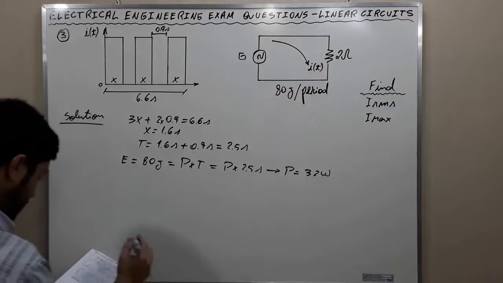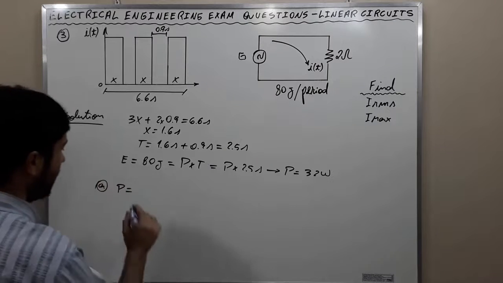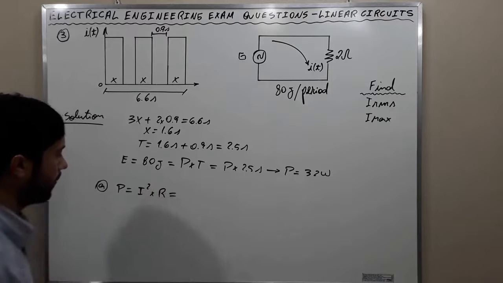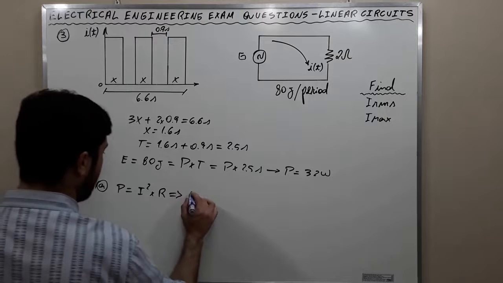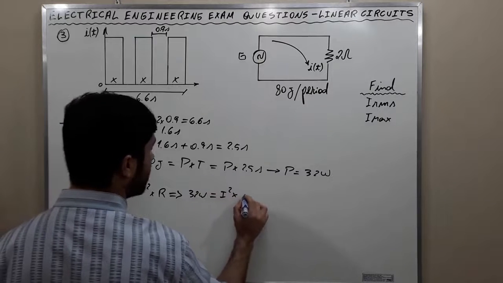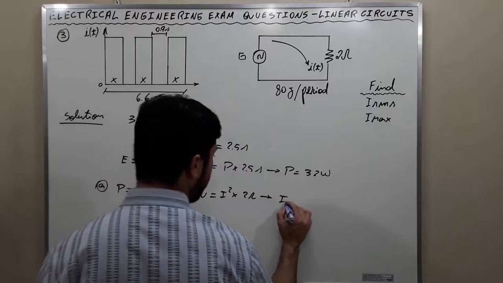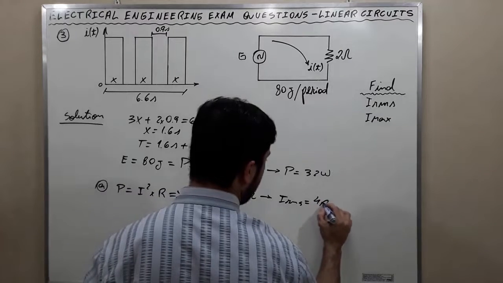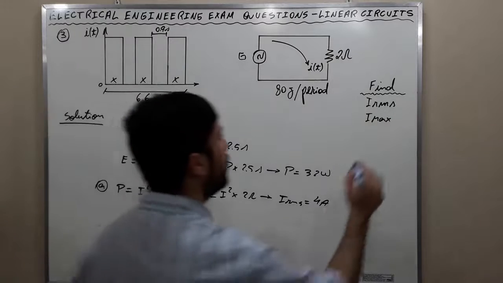The RMS value can be found as P is equal to I squared times R, where P is 32 watts and R is 2 ohms, and then we find that the RMS value is equal to 4 amperes, or 4 amps.